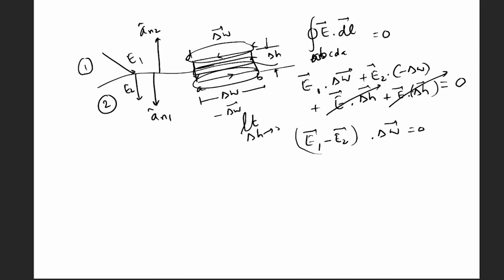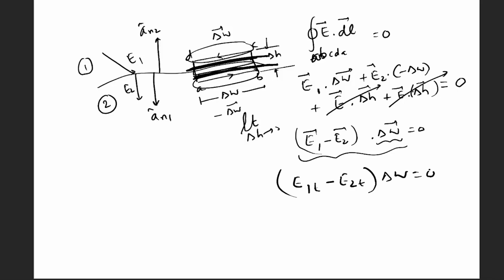Now you see that this dot product is going to give us the component of E1 and E2 which are along this delta W, that is, the tangential component, the component in this direction. So this gives us E1 tangential minus E2 tangential times delta W is equal to 0. Now this delta W is not 0, so this implies the difference is 0.